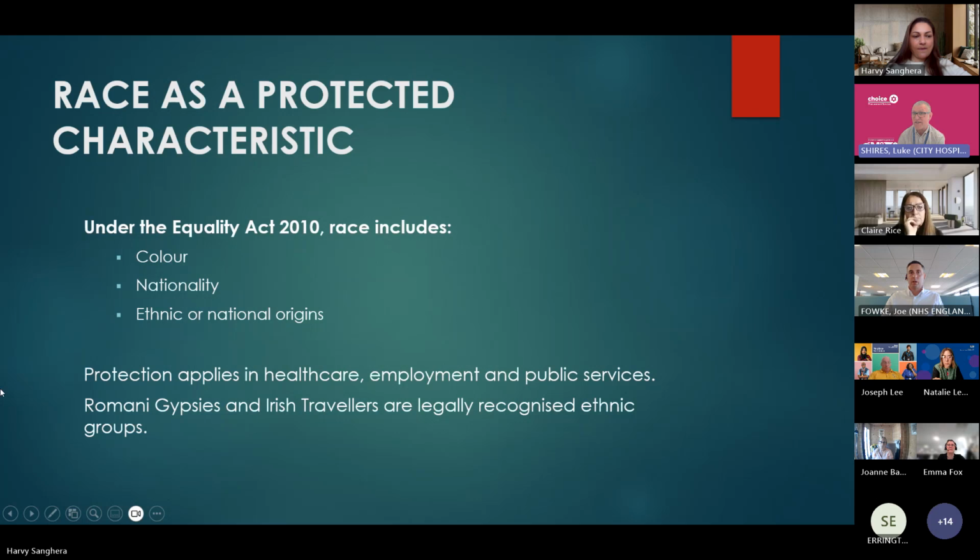So I wanted to highlight it and help educate. Like Harvey said, under the Equality Act, race includes colour, nationality and ethnic or national origins. It gives people specific protections, and Romani, Gypsies and Irish travellers are legally recognised ethnic groups.